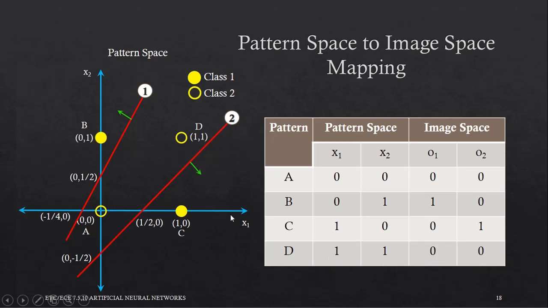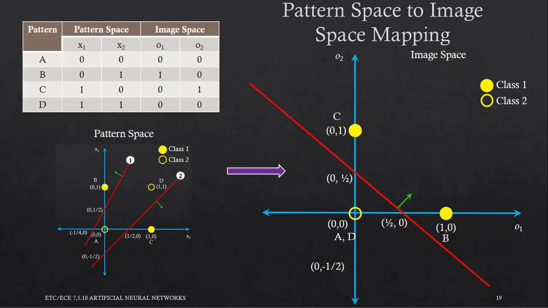Let us see if mapping these points into the image space will make the patterns linearly separable. In the image space, O1 and O2 are the axes. The space looks like this.